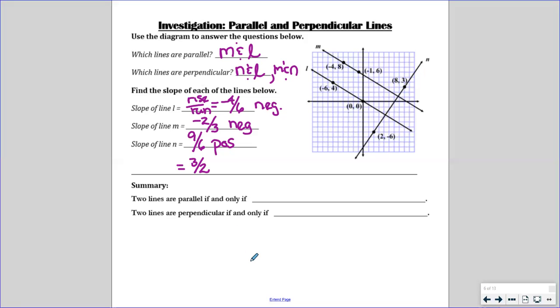So for summary, two lines are parallel if and only if they have the same slope. And two lines are perpendicular if and only if they are opposite reciprocal.